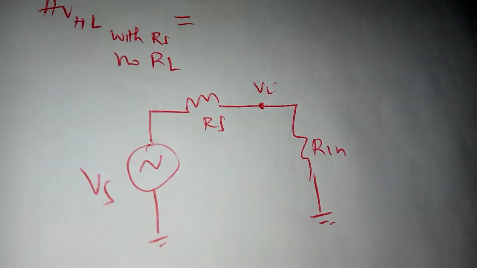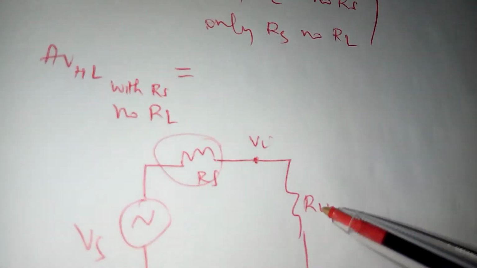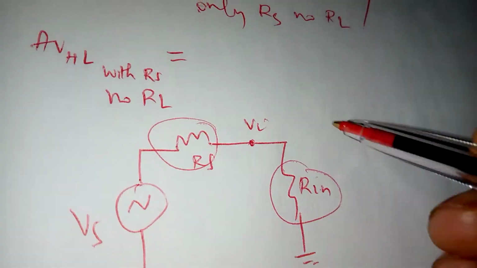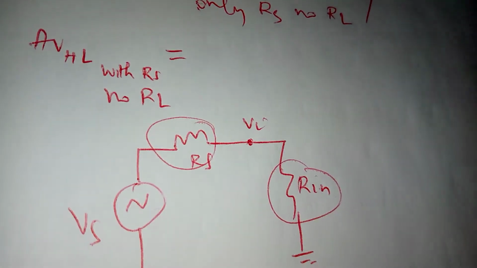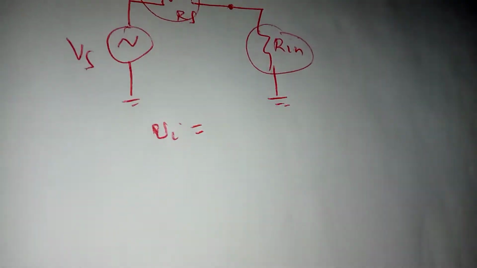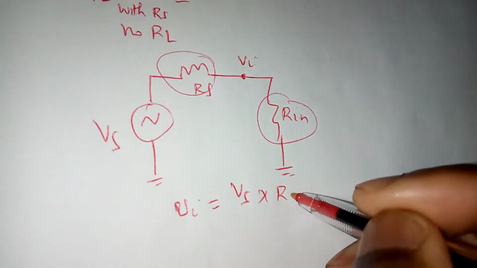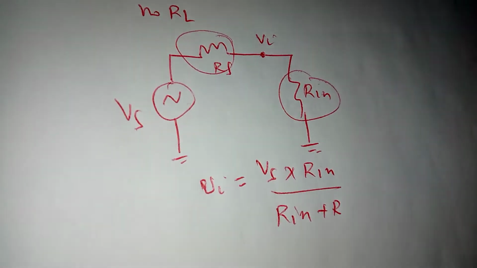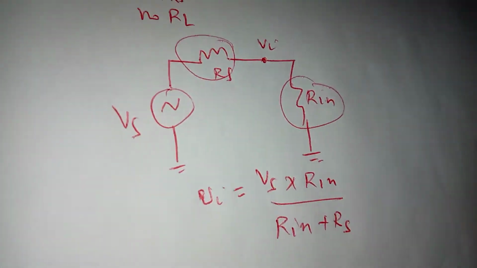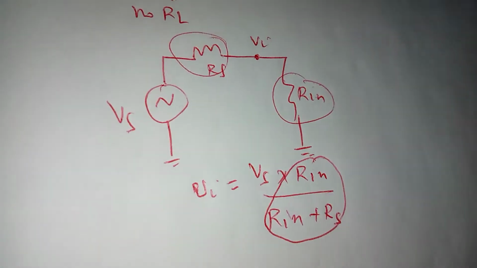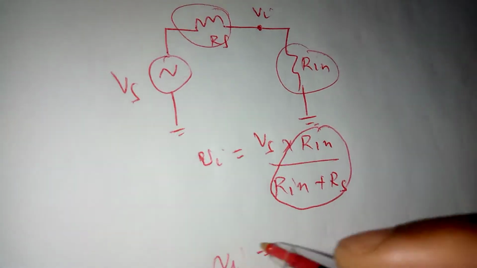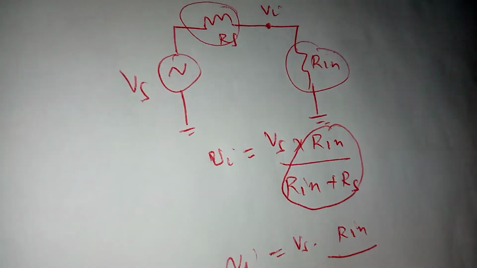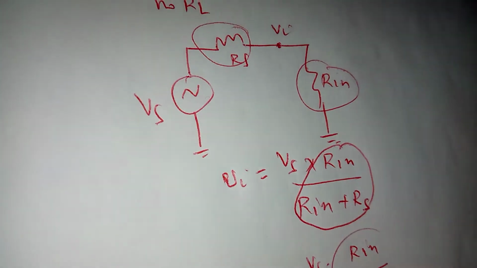So VS is shared between RS and Rin, of which VI happens to be the voltage across Rin. If you apply the voltage divider rule here, you get that VI is nothing but VS times Rin over Rin plus RS. We've got that fraction there.